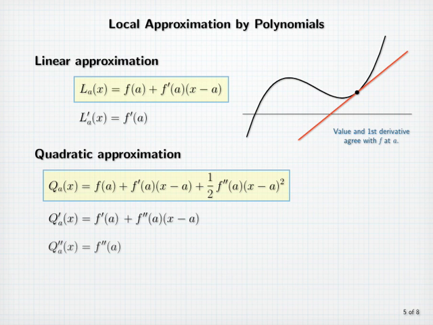The second derivative then is the derivative of f prime of a, which is 0, plus the derivative of f double prime of a times x minus a, which is just the coefficient f double prime of a. So now let's notice that the function q sub a has the same value as f does at a. The value of its derivative at a is the same as f prime of a, and the value of its second derivative at a is also the same as f double prime of a.